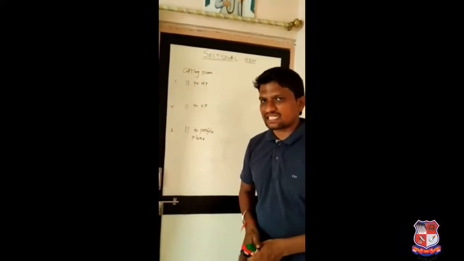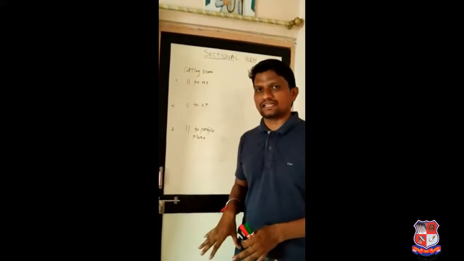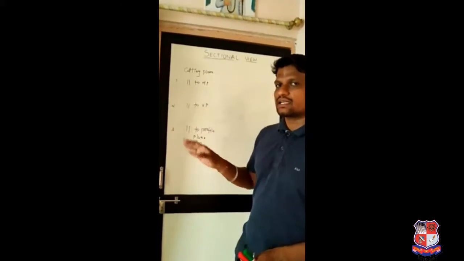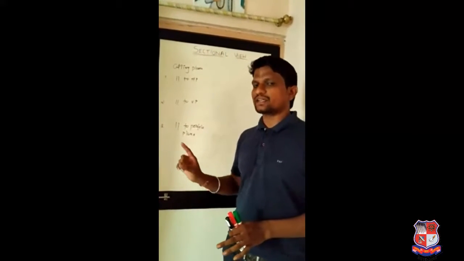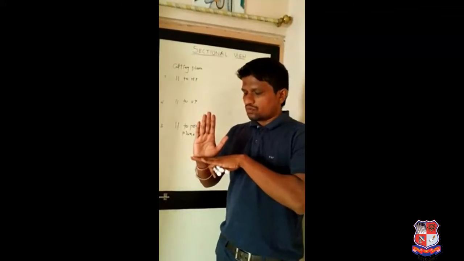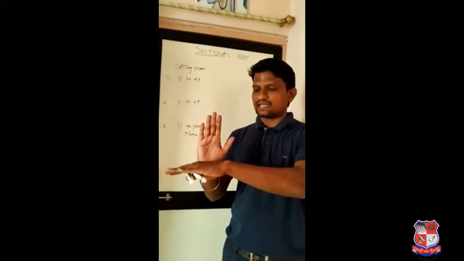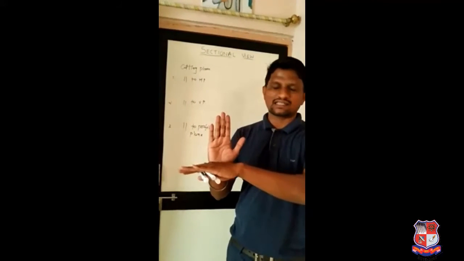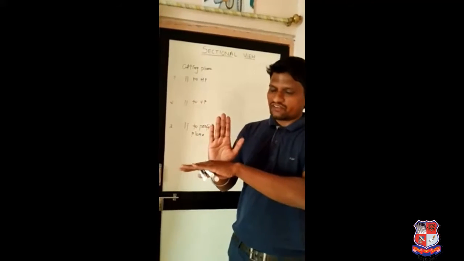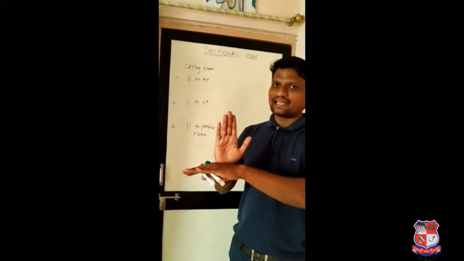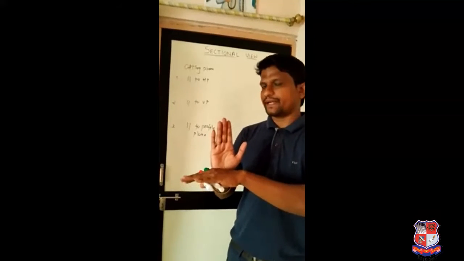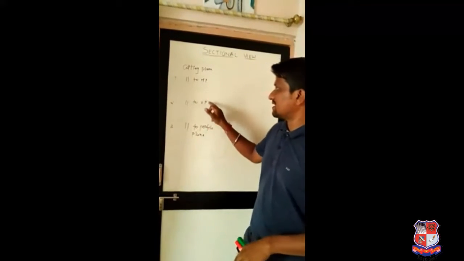The plane which is perpendicular to the horizontal plane is known as a vertical plane. Suppose my hand is the horizontal plane, then the other hand you can consider as a vertical plane. Why? Because it is at a 90-degree incline with the horizontal plane, perpendicular to the horizontal plane. That is the vertical plane.